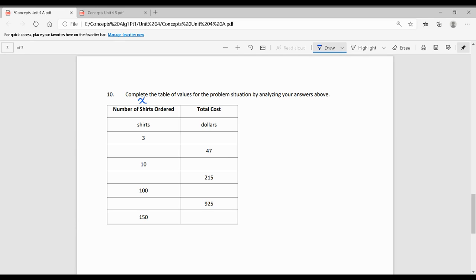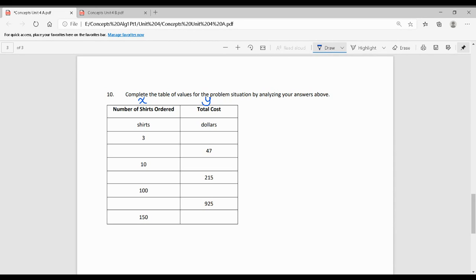Then we had 100 shirts. And look at what this label is, the number of shirts. So our first variable is our X variable, which was the number of shirts. Then what else changed? The total cost changed. That is our Y variable. So please keep that in mind when we're talking about variables, is we have our X variable and our Y variable. Then we have our constants that we'll discuss later.